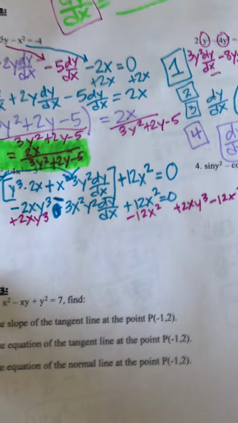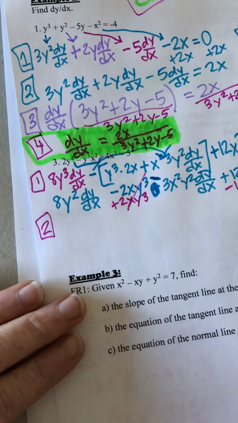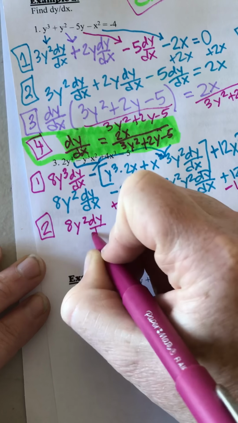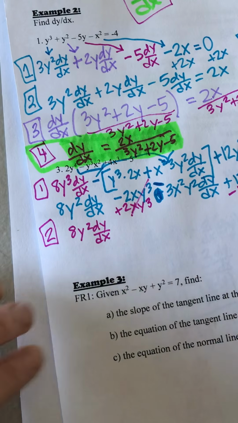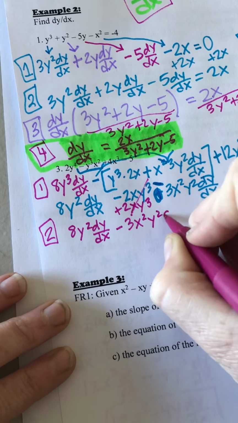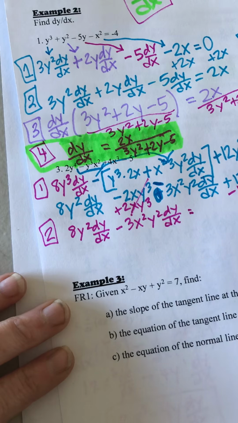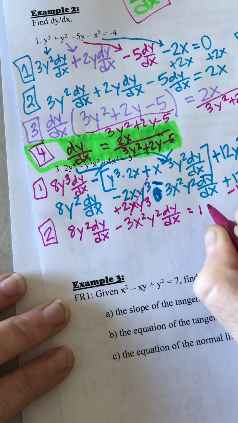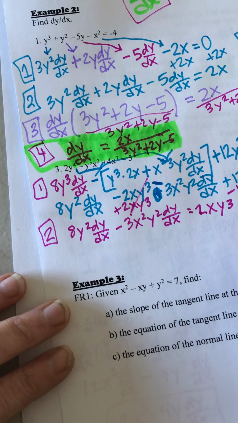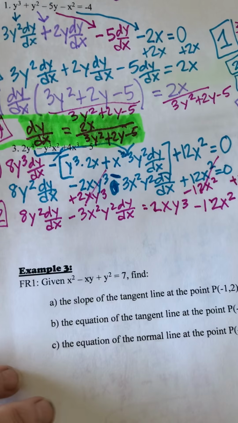So these are going to go away here, and I will get 8y to the third dy/dx minus 3x squared y squared dy/dx equals 2xy to the third minus 12x squared.